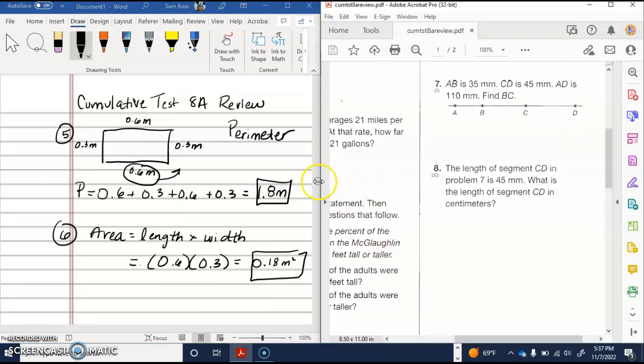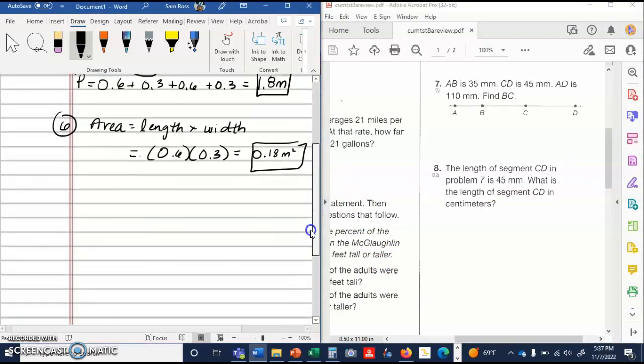Let's take a look at number 7. So it says, I'm actually going to draw this out. And if I were you, I would draw it out in your notes as well. So it says AB is 35.